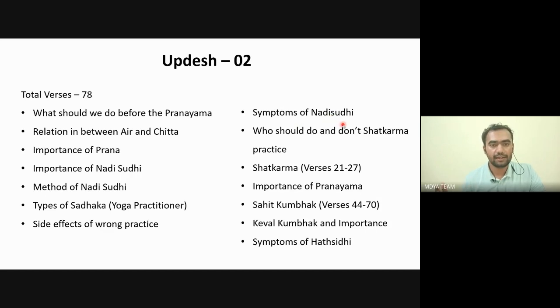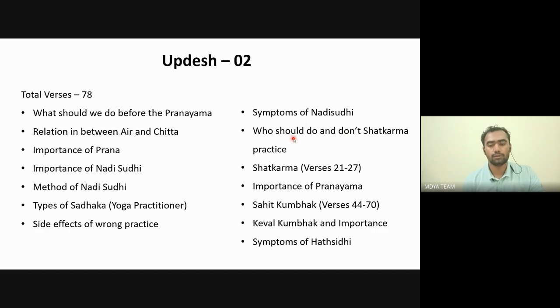His body will be light, he will be calm, his body will shine, and his jatharagni will be more, if anybody has purified his nadis. And it is clearly mentioned in the second Upadesh that it is not compulsory for everyone to do the shatkarmas.